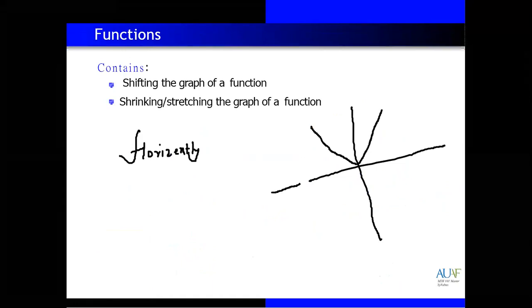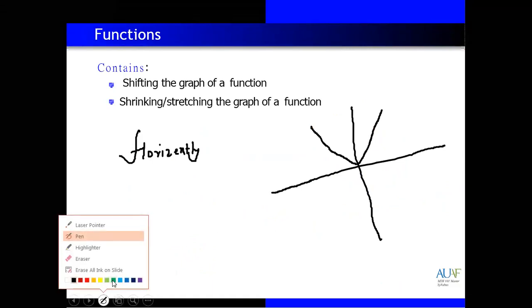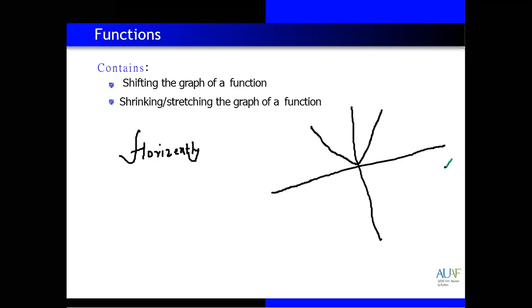I want to shift the graph 2 units, 4 units to the right side, to the left side. Let's suppose we have the positive x axis and the negative x axis. I want to shift 5 units to the right side, plus 5, and 5 units to the negative side, negative 5. So the graph will be like this one, and also from minus 5.